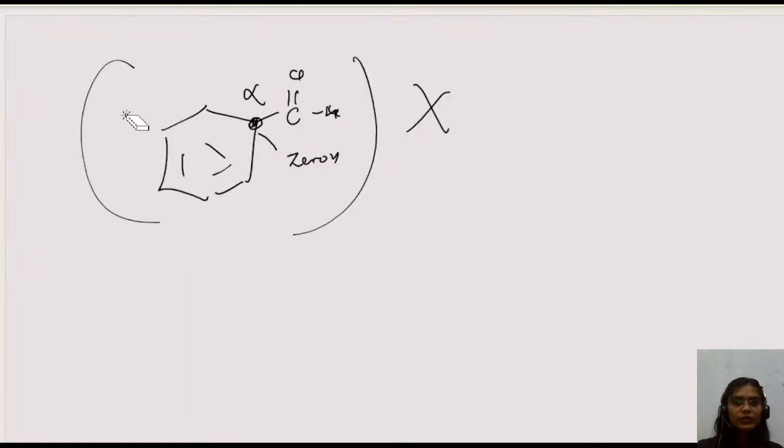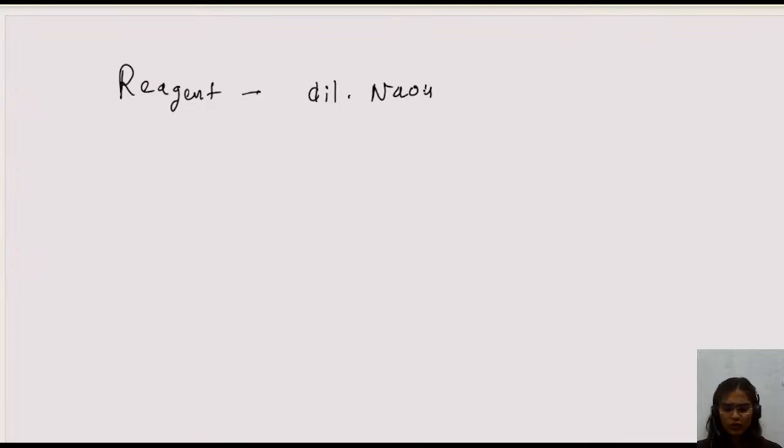And how about the reagent? Which kind of reagent are we using in this reaction? Reagent-wise, we are using a base, but in this case dilute NaOH. It means we don't require a very strong base, just a normal base. The second option is Na2CO3, and the third one is barium hydroxide.